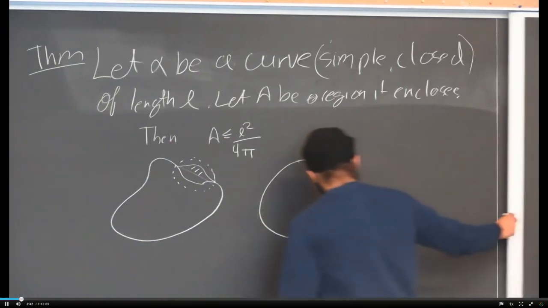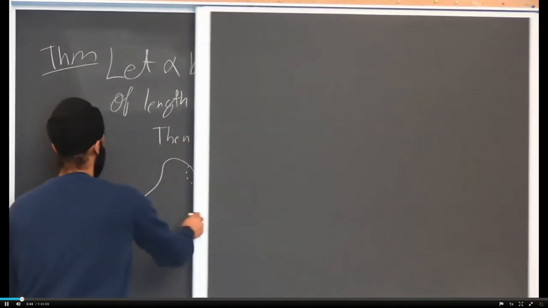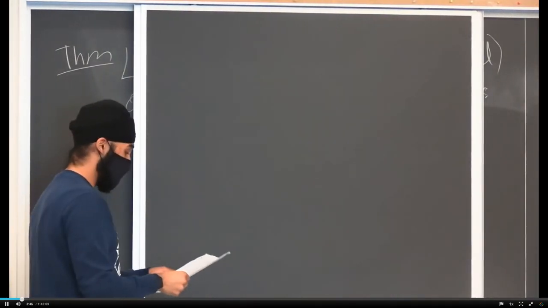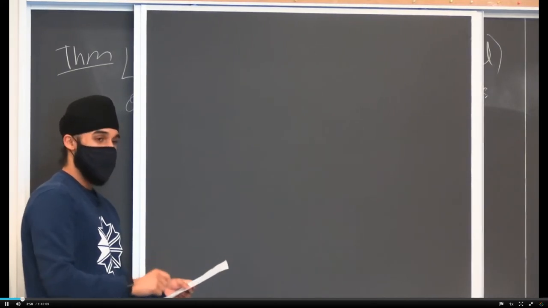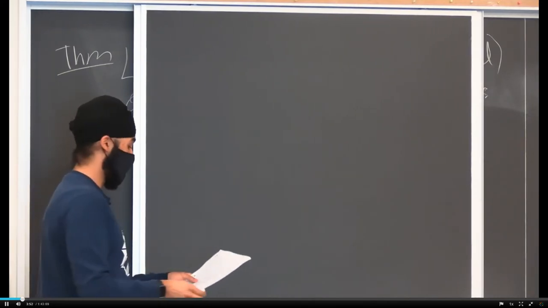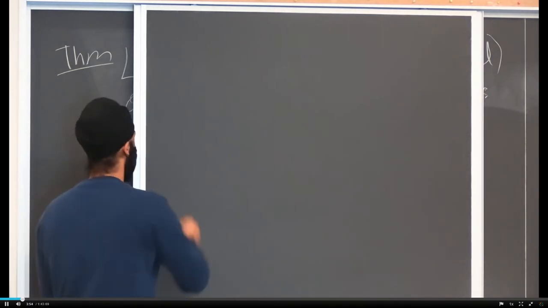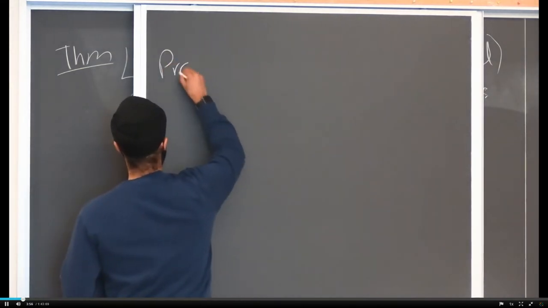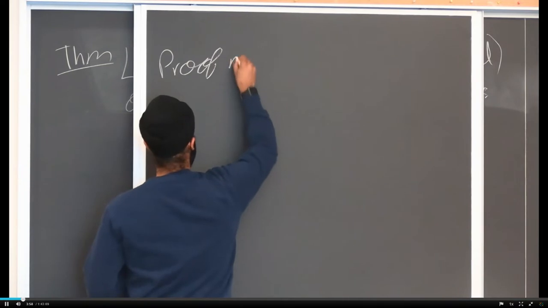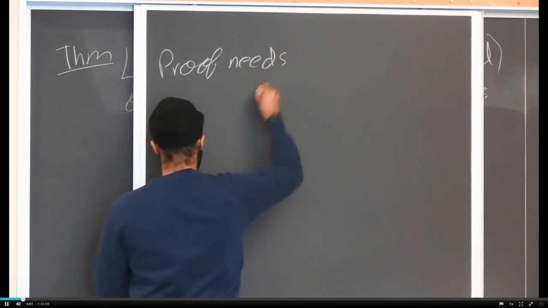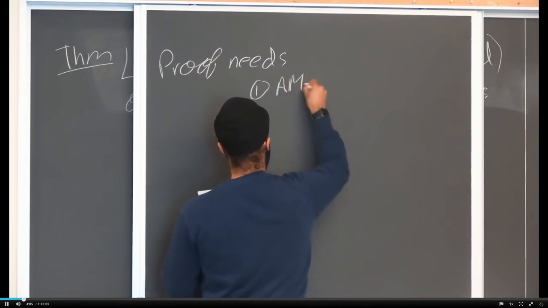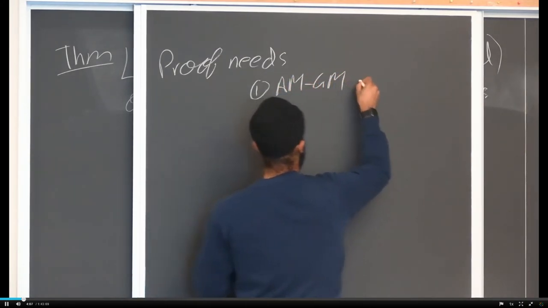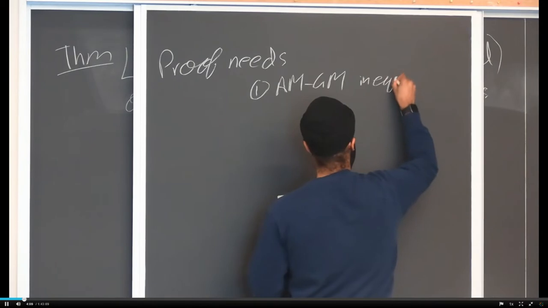So before I get to the proof, there's a couple of inequalities we need and a certain formula. So I'll just mention them. The first one is the AM-GM inequality.